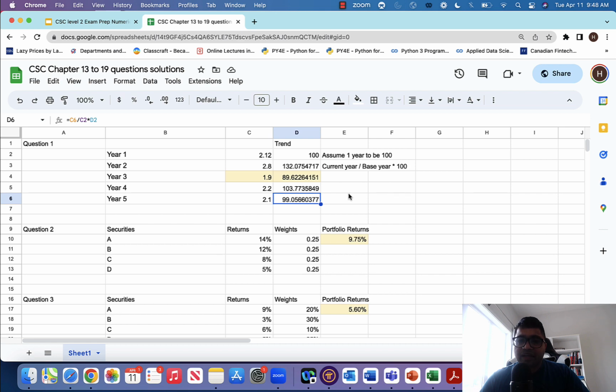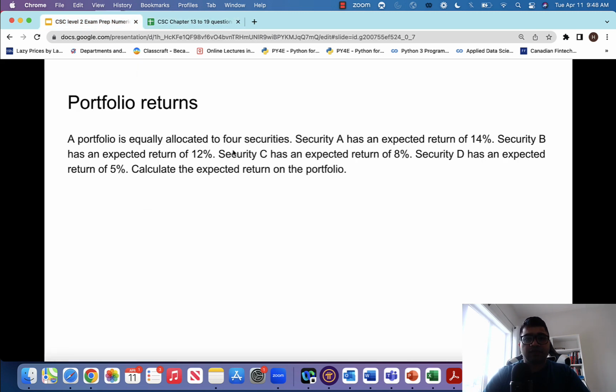So please be careful which is the year 1 that you have to assume to be 100. That's where you can go wrong in the exam. They're asking you third year's trend, so it's going to be 89.62, rounded to two digits. Year 3 trend is 89.62.